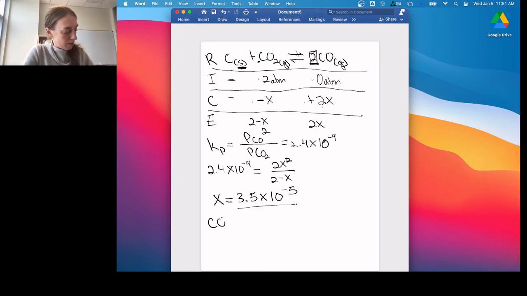So our carbon monoxide at equilibrium is effectively 7, but if you use significant digits, it is 6.9 times 10 to the negative 5th atmospheres. So that is the second example, working with various phases and partial pressures with an ICE table.